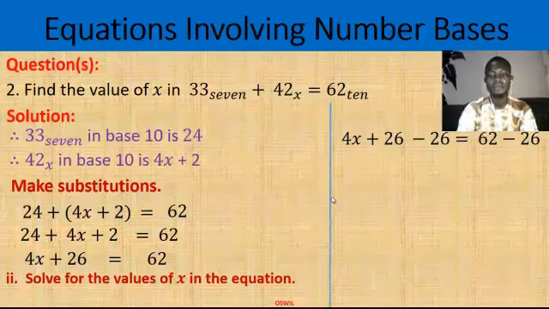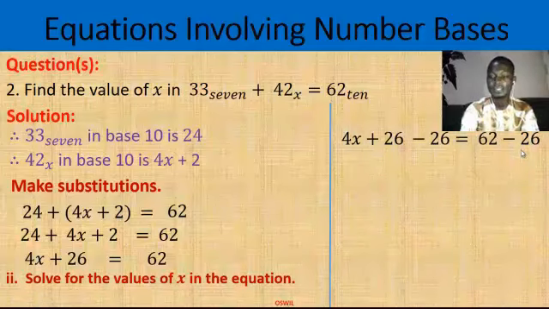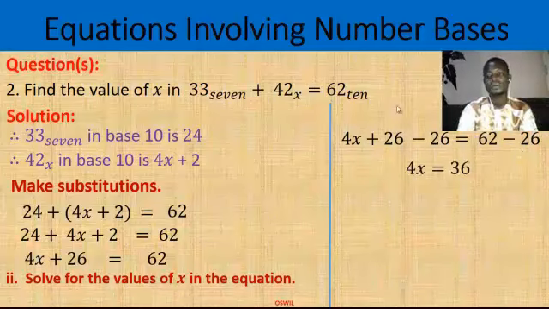So we have 4x plus 26 minus 26 equal to 62 minus 26. It is an equation. So what is done to the left-hand side must be done to the right-hand side, else you may get a wrong answer. Plus 26 minus 26 would be 0, so it would be left with 4x, and that is what you see here. 62 minus 26 will give us 36.